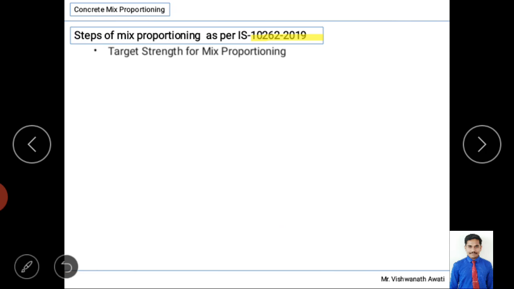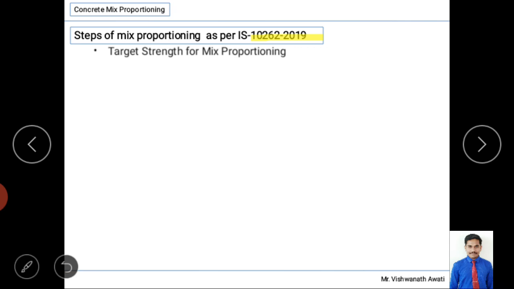The given strength will be mentioned, but we have to calculate the maximum target strength of the concrete, for which we have steps according to the code book. They will mention some code book tables, and we have to take the data from those tables. We will get to know this extraction of data from different tables when we solve the problems.